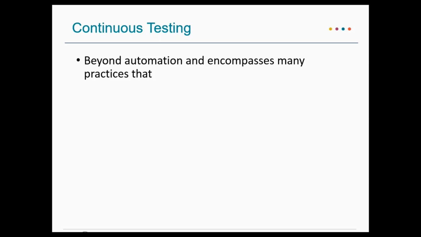And when we are collaborating, we get a better implementation of the automation strategy wherever applicable. Okay, so now I'm going to talk about continuous testing. Continuous testing is beyond automation and it encompasses many practices. It includes tooling and cultural change, and that's where we need to learn lots of different types of tools as well.